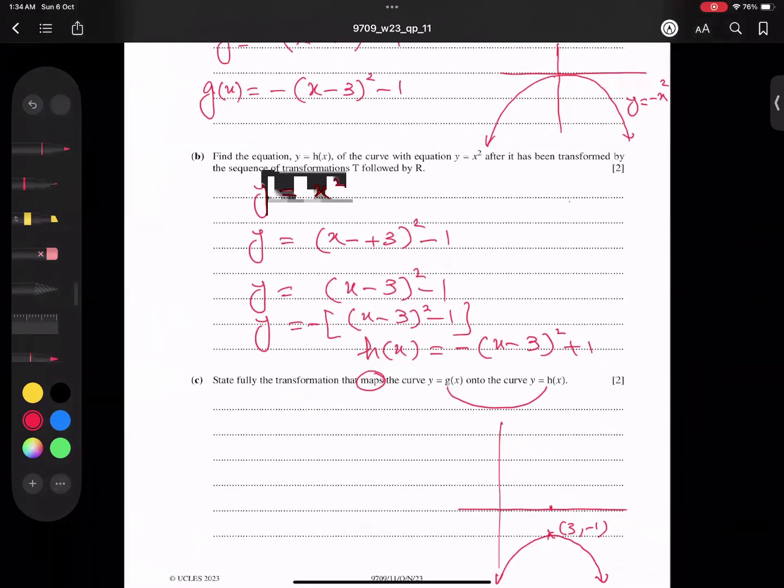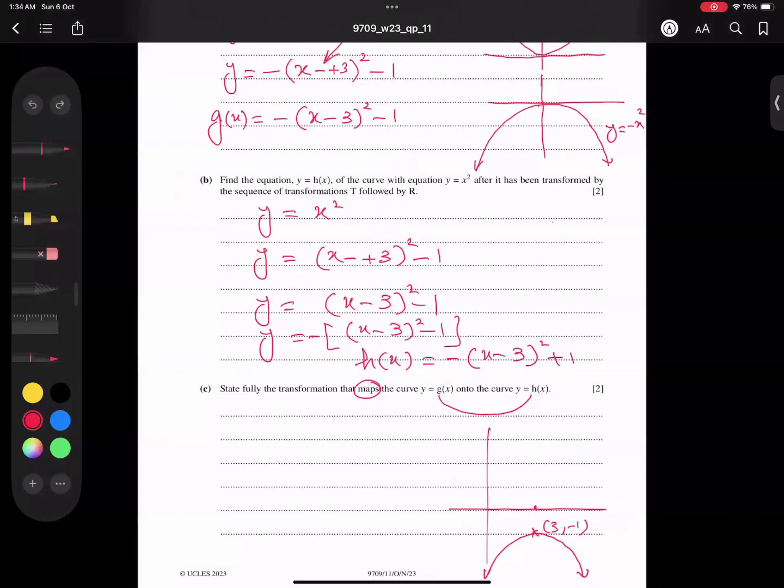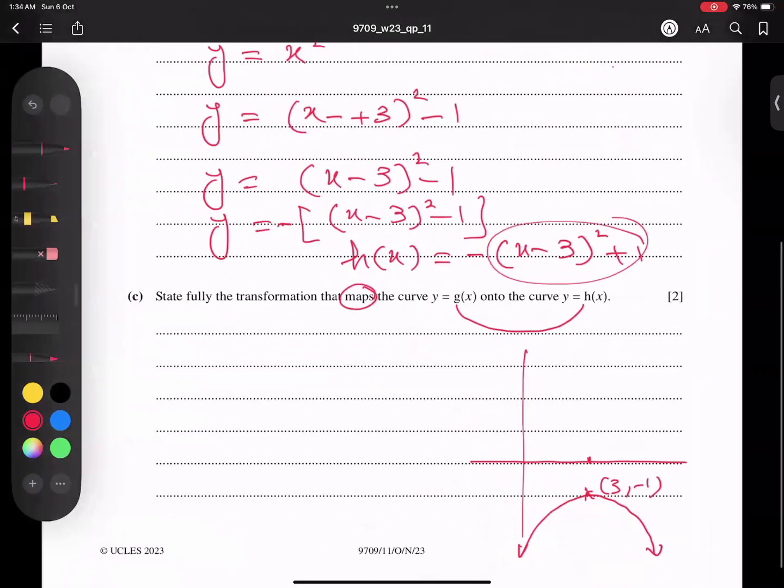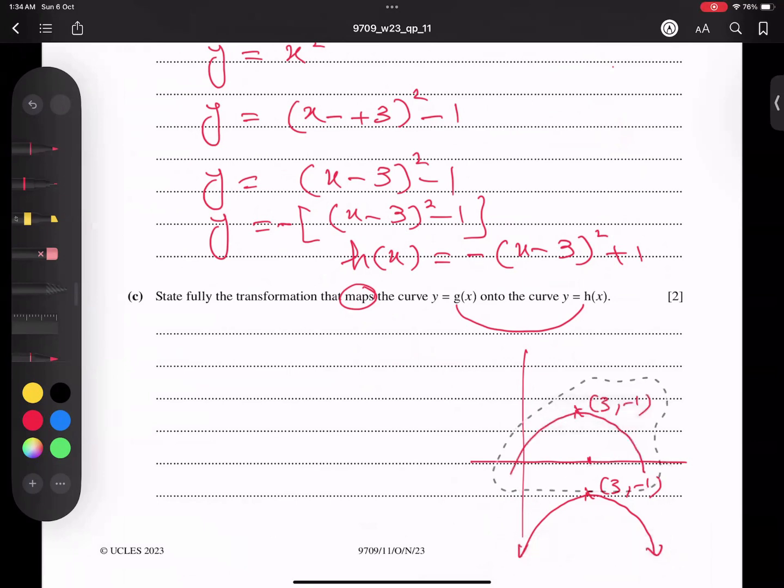How do I know it? Because you know how to get a turning, stationary point from here. And what about this one? This one is the same, but there is a plus 1. So I just make a copy and paste it here. It is slightly up here, only the thing is there's a plus 1. So this is h of x, this is g of x. He's asking what is going on from g onto h.